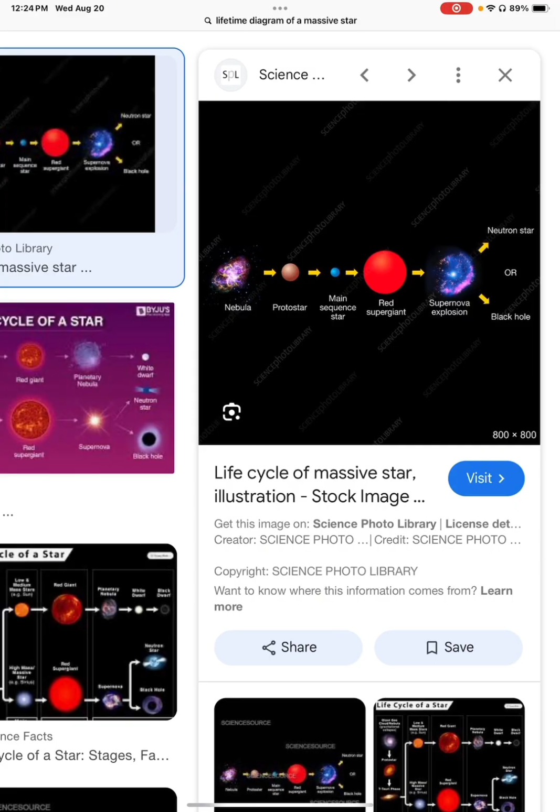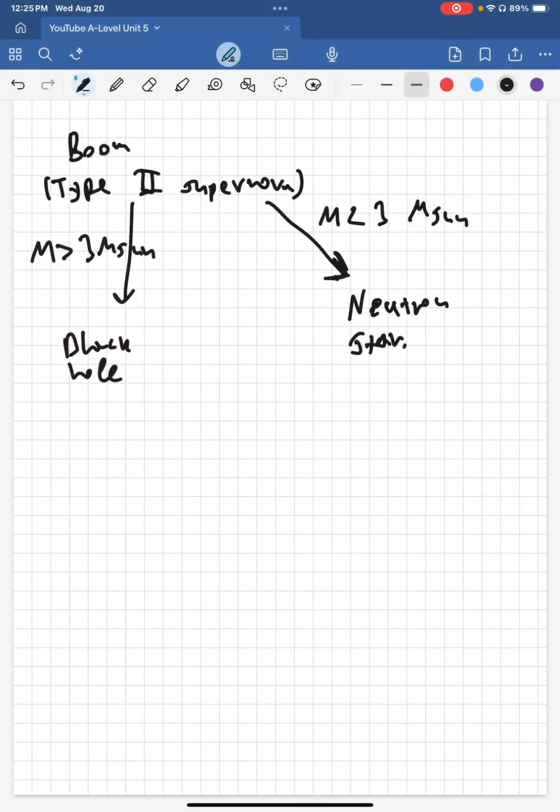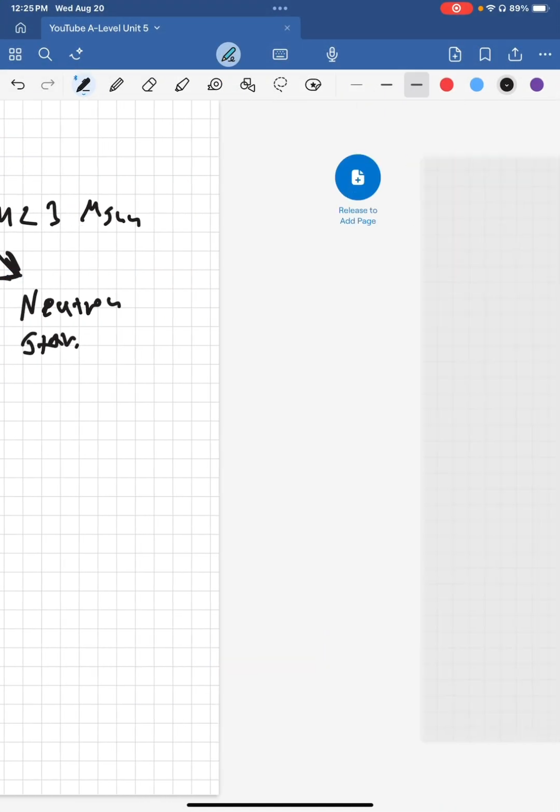Protostar is when we start having some fusion again. The main sequence is when fusion and gravity balance each other. Then we get the red supergiant. By the way, notice how much bigger the star gets. And then we have a supernova explosion that leaves us with a neutron star or a black hole. Okay, let's go back to our notes and talk in a little bit more detail about all these stages.